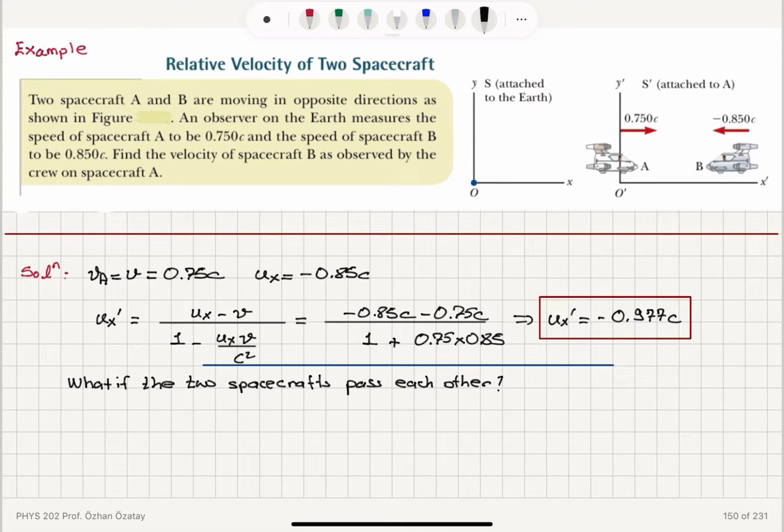This doesn't change the sign of the velocities, so the answer does not change.